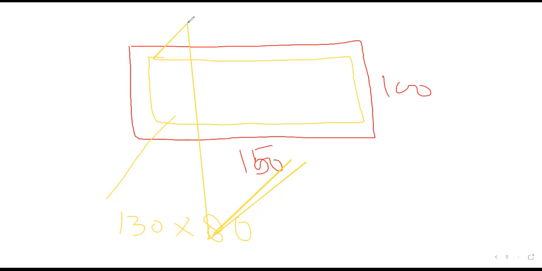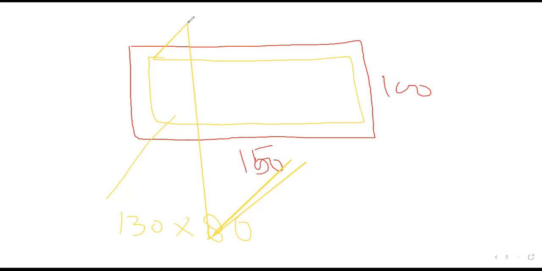So this is all the geometry: 100 feet by 150 feet, the red line. The 10 feet border within the field creates a new smaller rectangle, the yellow one, 80 by 130.